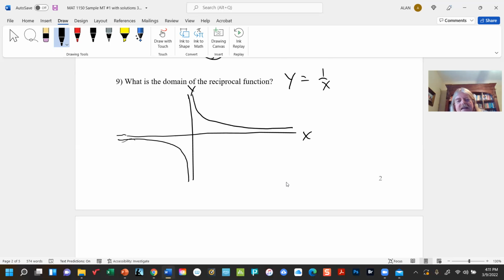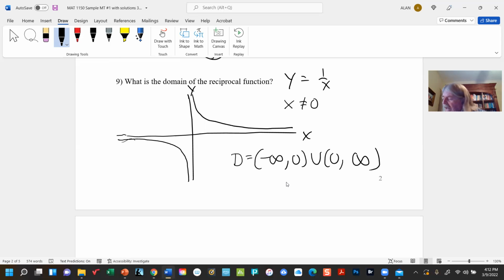Let's say x is -1, its inverse is -1, and then it increases. So the domain, and this drawing is not necessary, all that matters is that x cannot equal 0. So all you have to do is show that the domain is negative infinity up to 0, but not including it, and then 0 up to positive infinity. And you're done. That's how it's written in this form with sets.